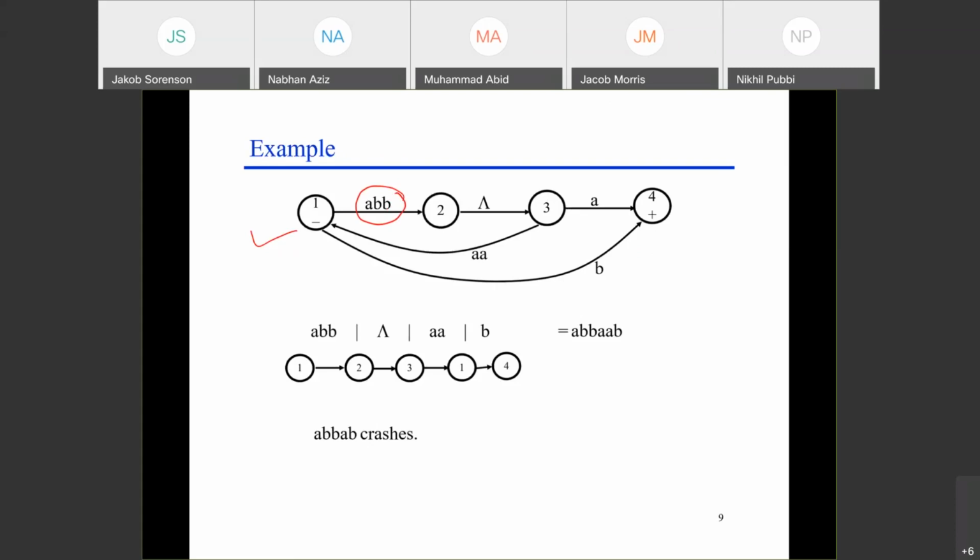If you see this kind of thing, it means this is an invalid FA. It is not an FA because FA will never pass a word towards the edges. It will always pass letter by letter. So this is not a valid FA.